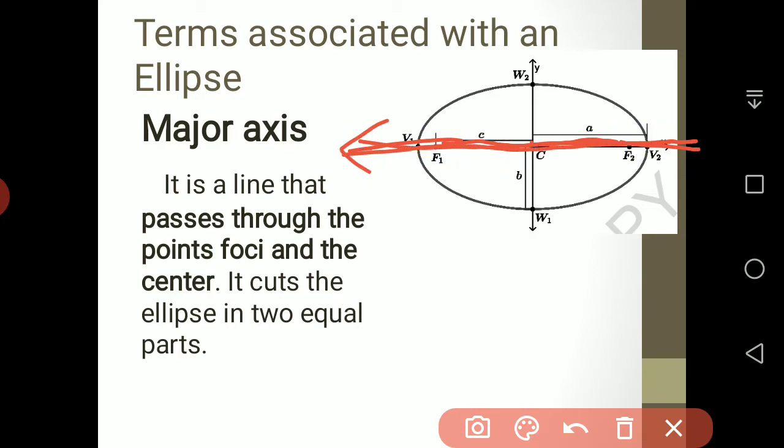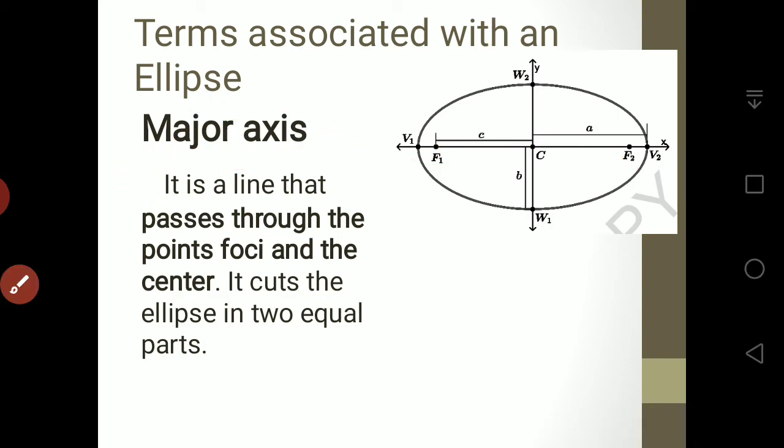Because there's a minor axis. We're going to learn about that later on. So the line containing the foci and the center is our major axis.